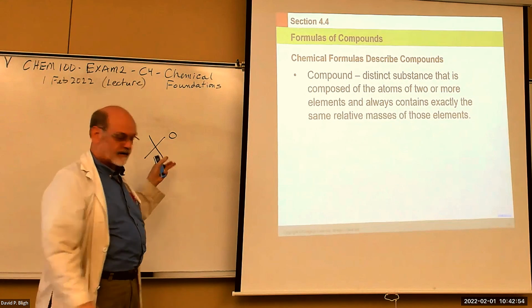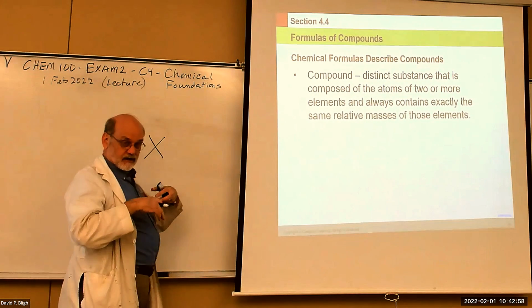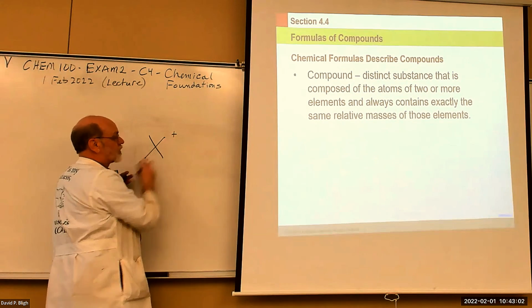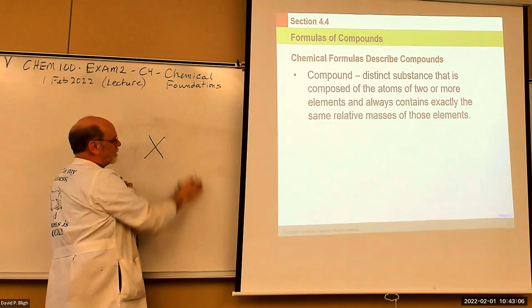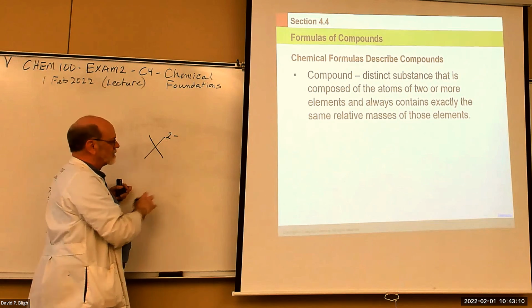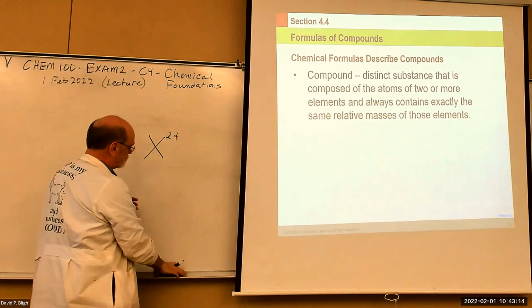I'll put a 0 there. But if it's an ion, if we form a charged version of that atom, it may have a +1 charge. It may have a -1 charge, or it could have 2 minuses, or it could have 2 pluses. That's where the charge goes.